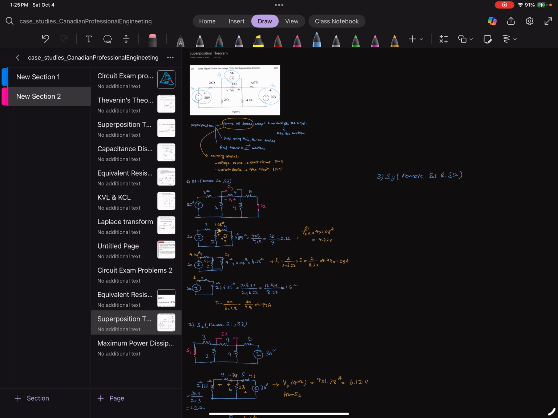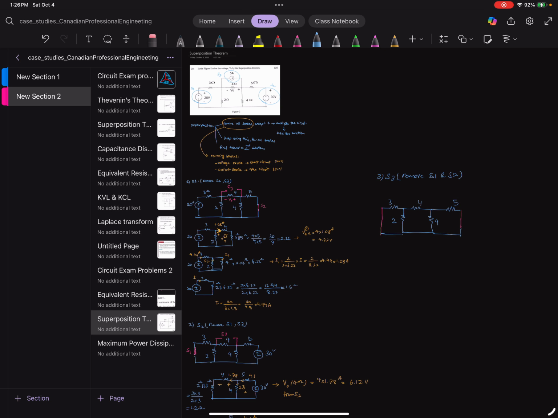Okay, so now we are short-circuiting S1 because they're both voltage sources: 3 ohm, 4 ohm, and then we have 2 ohm, 4 ohm, and then we have 5 ohm here. And instead of this guy there is a short circuit, and instead of this guy is also a short circuit.